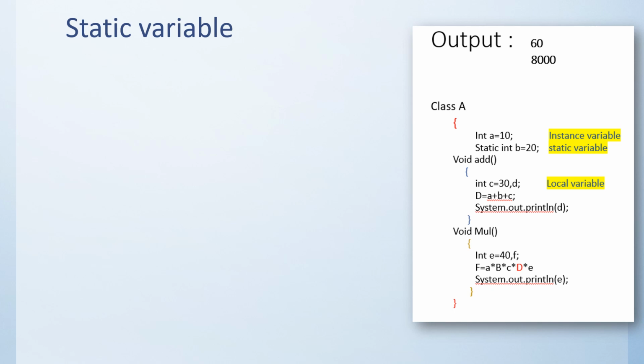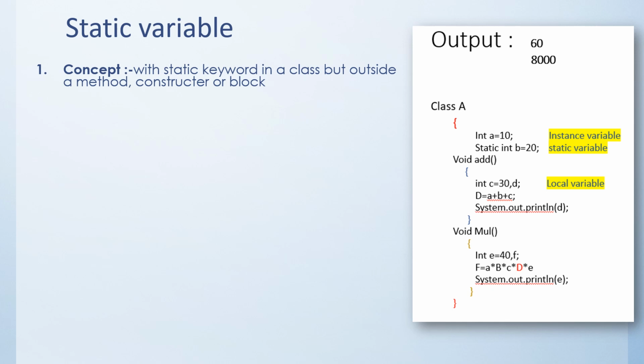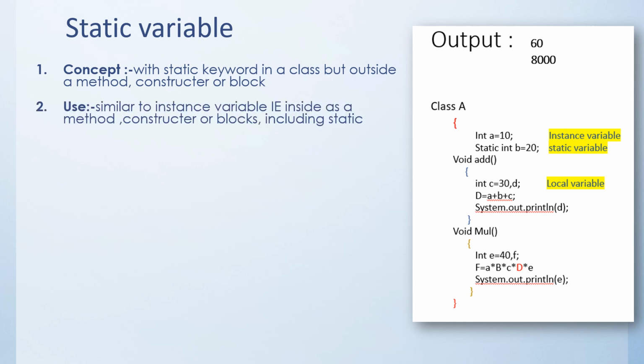Where it can be called and where it cannot be called, you can get in the definition. A static variable is declared with the static keyword in a class, but outside a method, constructor or block.